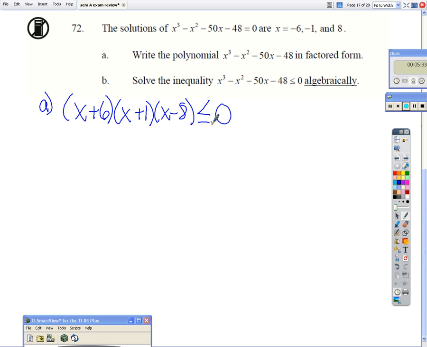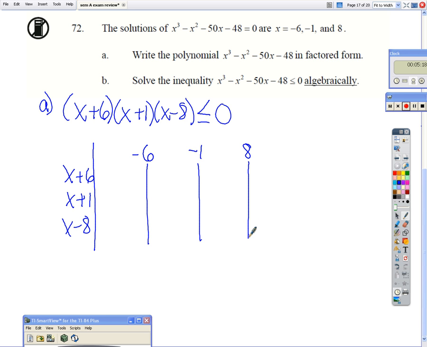So I'm going to list all of my zeros, all of my factors. And I'm going to choose numbers, let's say -7, -2, 0, and 9.